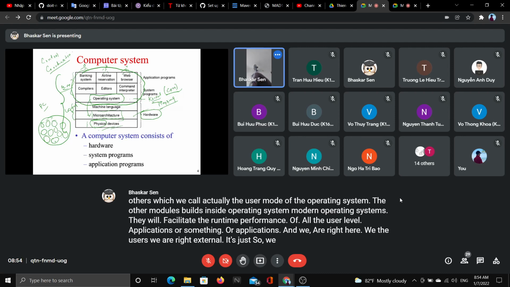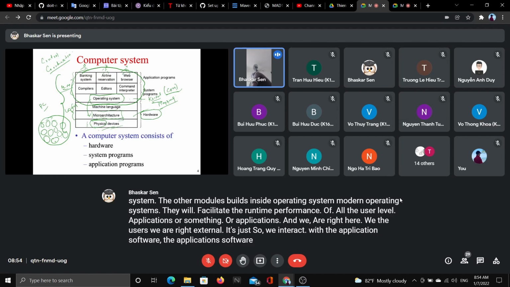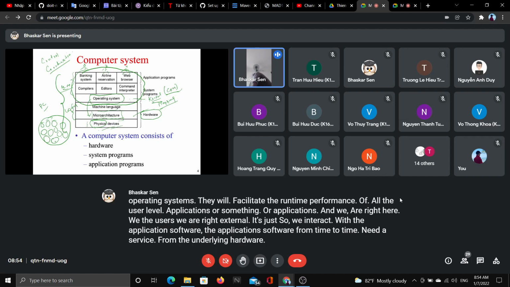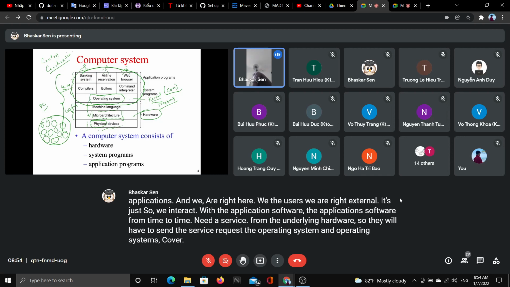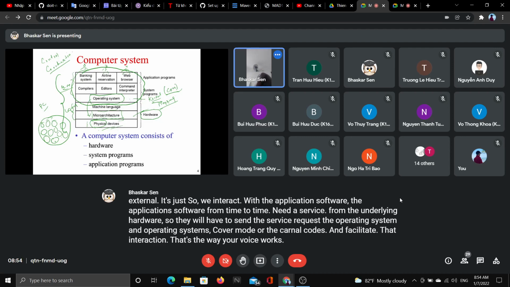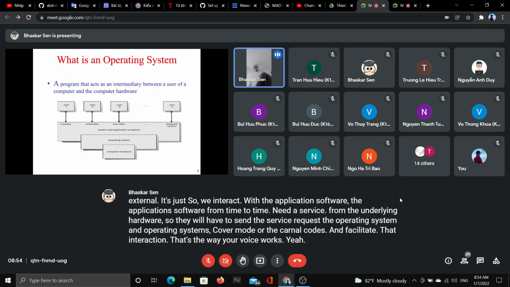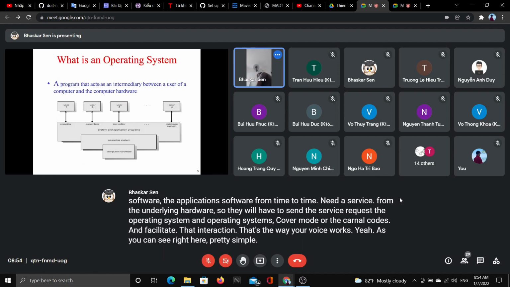So we interact with the application software. The application software from time to time needs a service from the underlying hardware. So they will have to send a service request to the operating system. And the operating system's kernel mode or the kernel code will facilitate that interaction. That's the way your OS works. Clear? As you can see right here, very simple. This is what we call user mode.